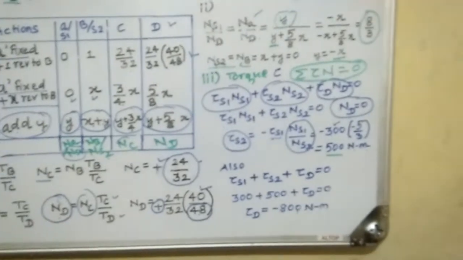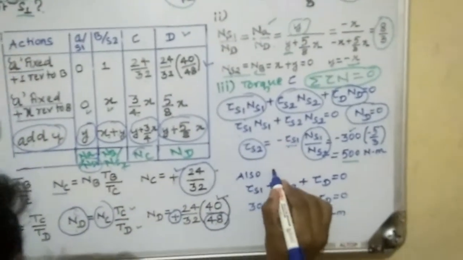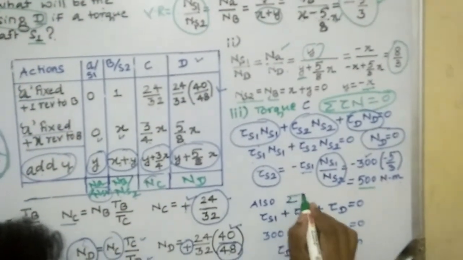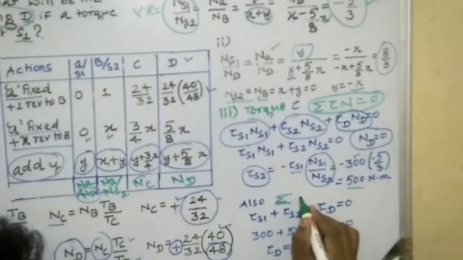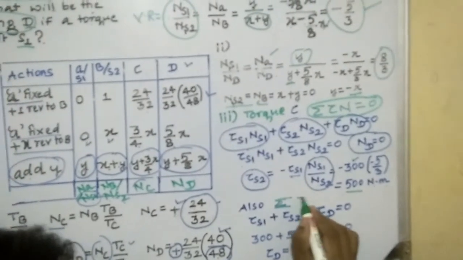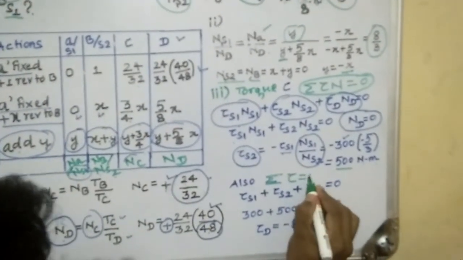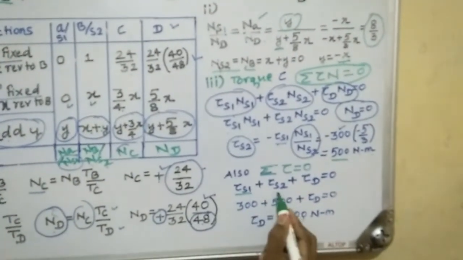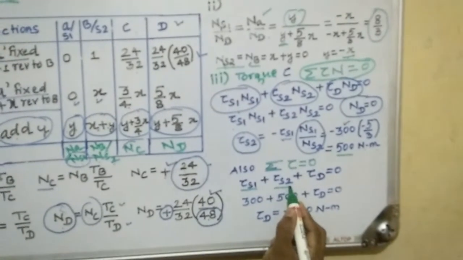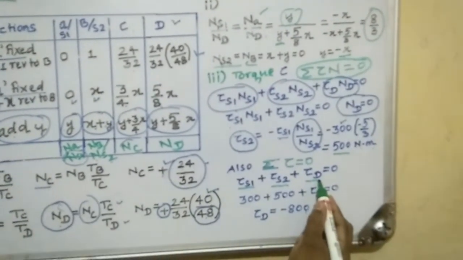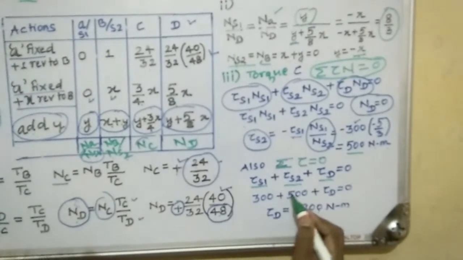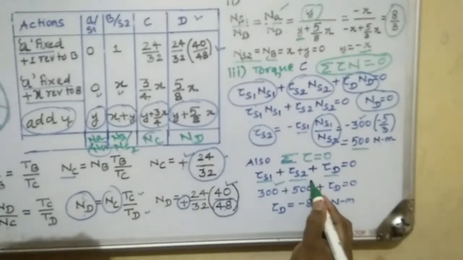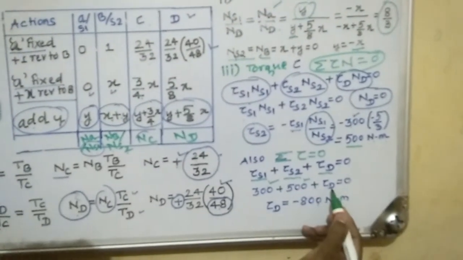Okay, I solved one more: the sum of the torques equal to 0. This I also derived in the previous class video, so you have to apply the same concept. Tau S1 plus tau S2 plus tau D equals 0. Tau S1 is already given as 300, and tau S2 is 500.